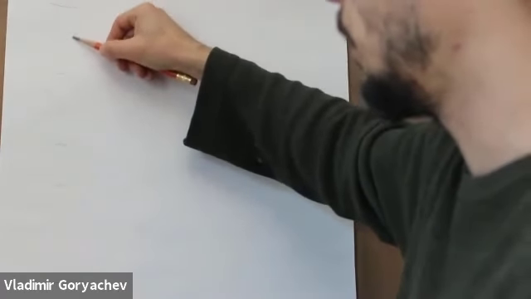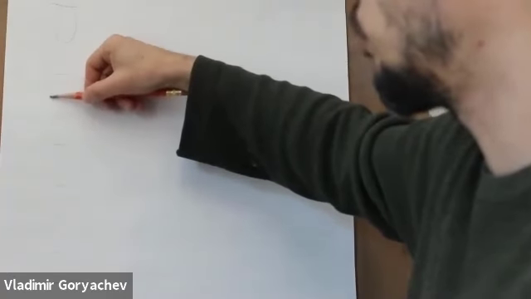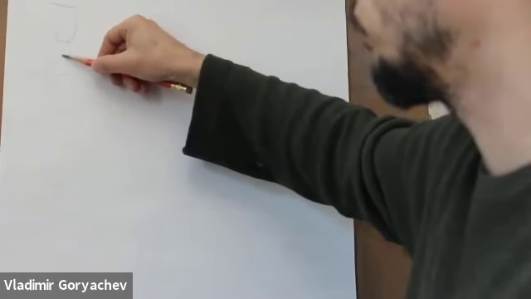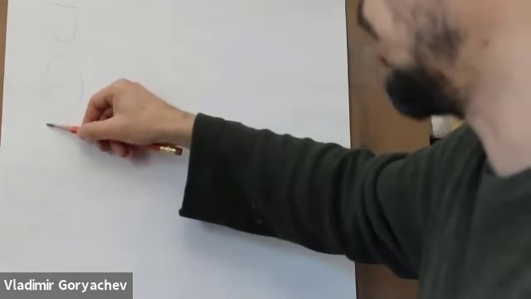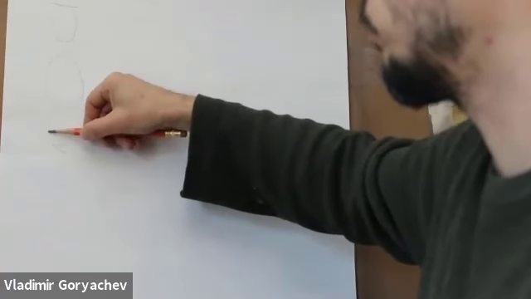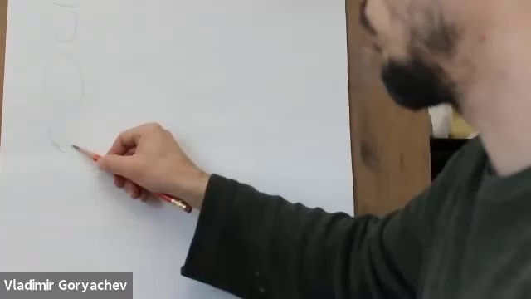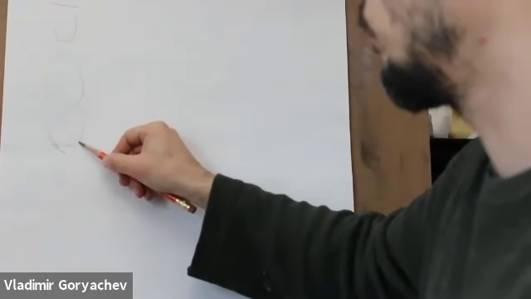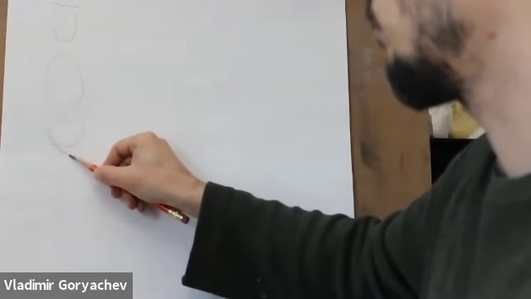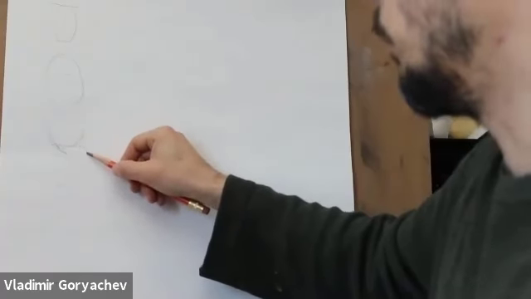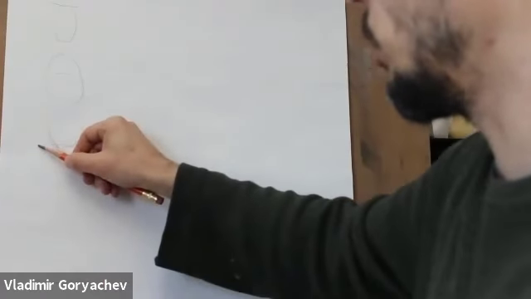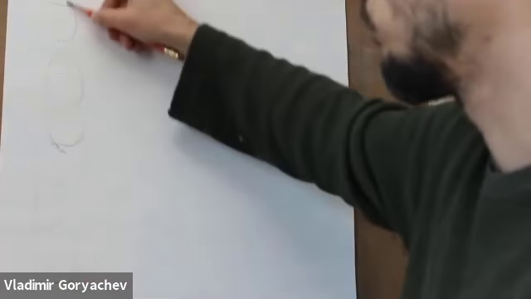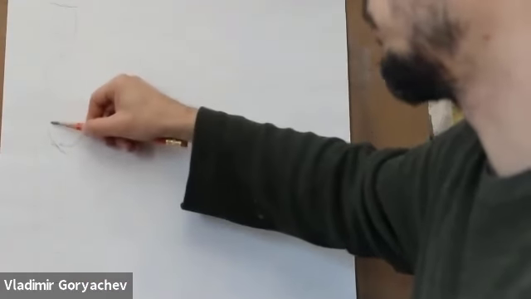So we got the head, we got the rib cage, we got the pelvis, and the legs are just as long as the upper body.